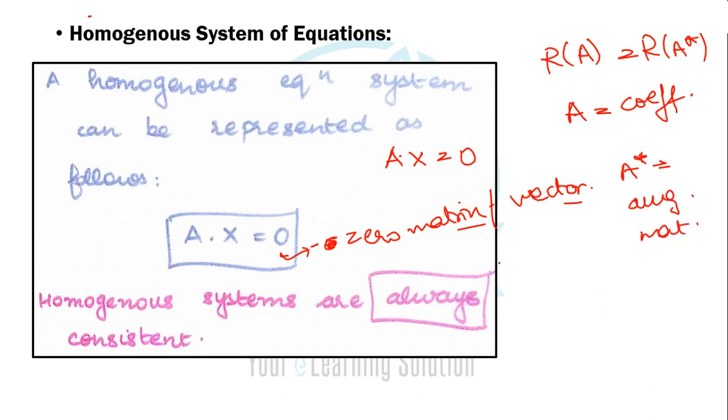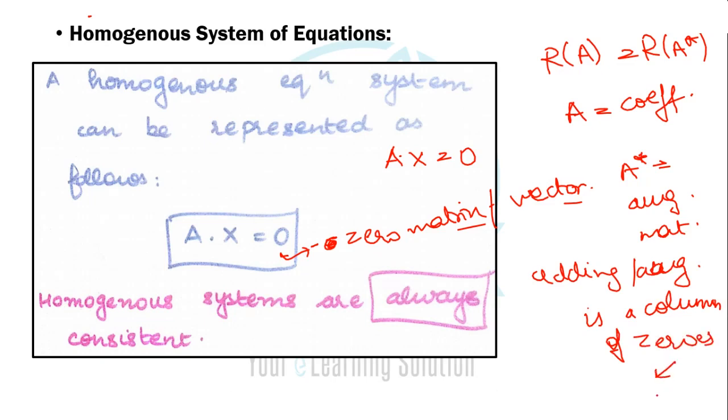But when you augment the matrix in this case, what you're adding or augmenting is a column of zeros, right? Because it's a column of zeros, it has no impact on the rank of A star.